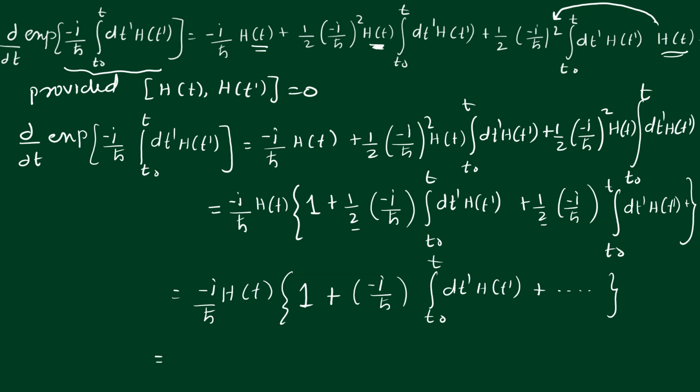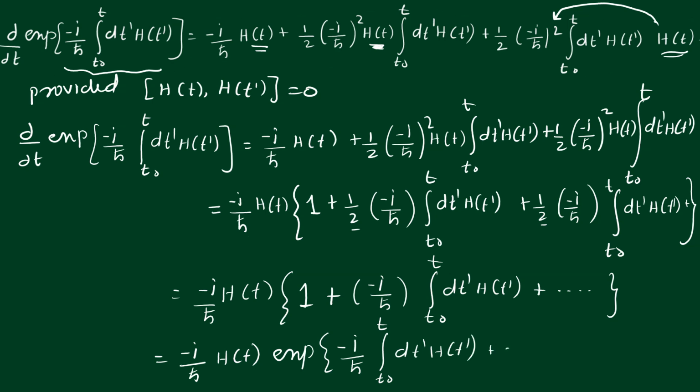So this is equal to minus i/ħ H(t) exponential minus i/ħ integral t0 to t dt' H(t'). Sorry, there's no plus, this is exponential, so it's the full series. What is this?